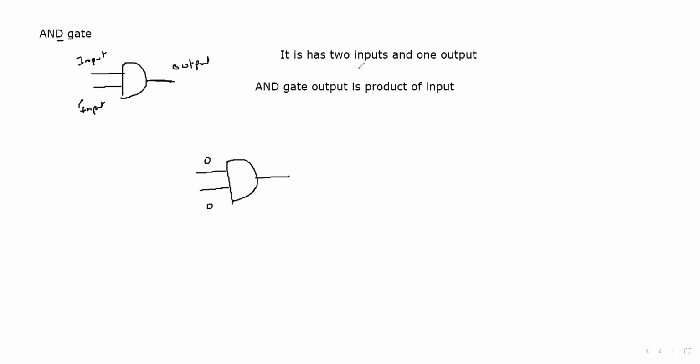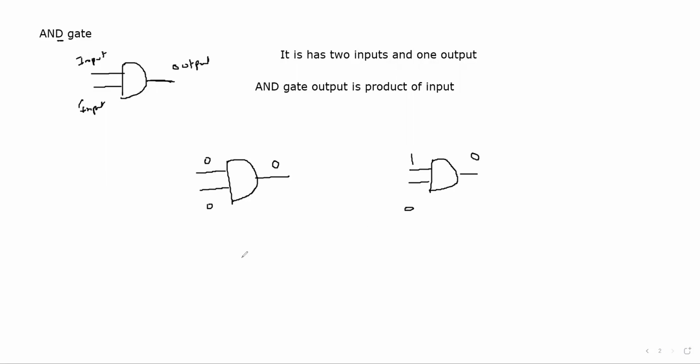Product means multiplication. You will simply multiply them. So 0 multiplied by 0 is 0. 1 and 0, 1 multiplied by 0, the output will also be 0.